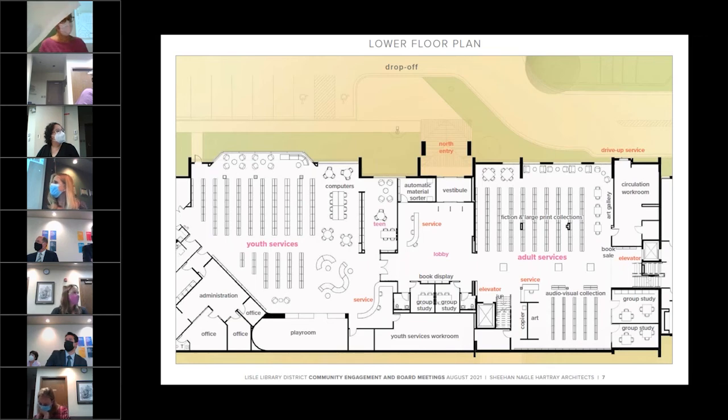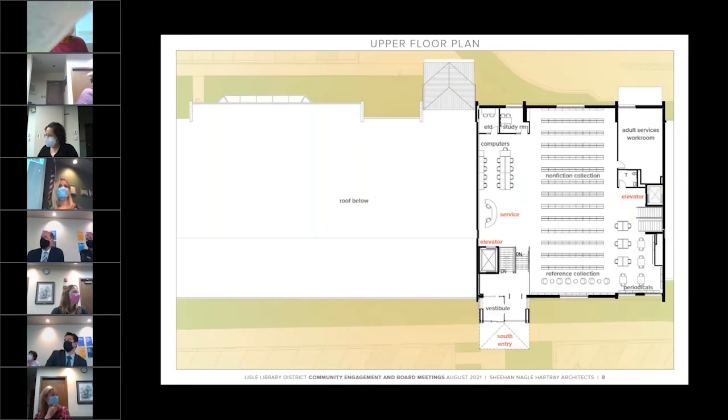Oh, okay. So we'll still use these rooms. These rooms will be used for programs, for the public and for the staff, but because we have that play area in the youth services department, there could be smaller programs, story times and things like that there. We also have the outdoor programming space.